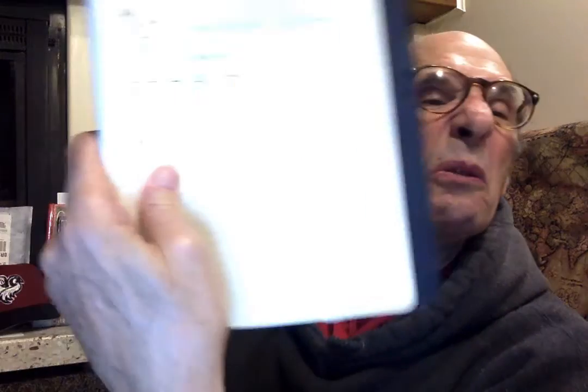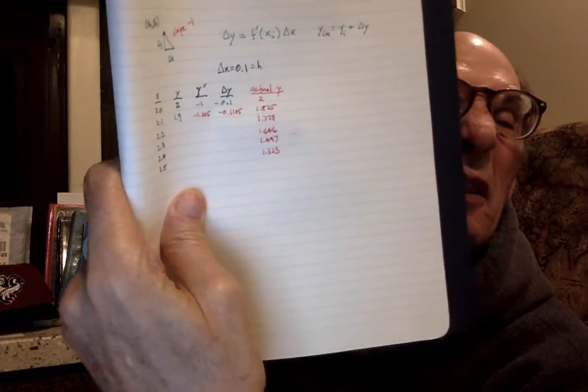Then the change in y is you multiply that by 0.1. So the change in y is minus 0.1105. That's the way it goes, and that gives us a new y of 1.789.